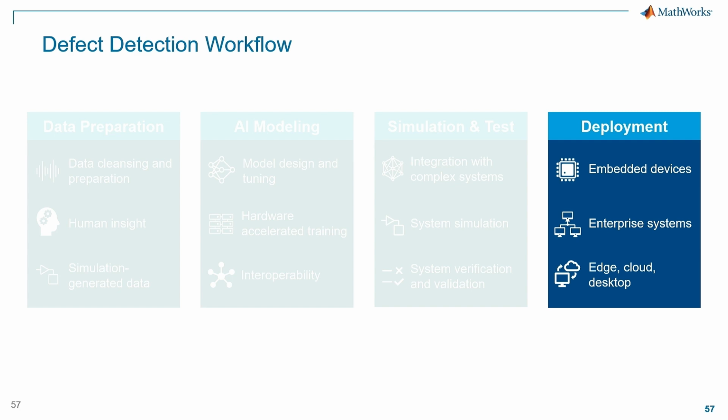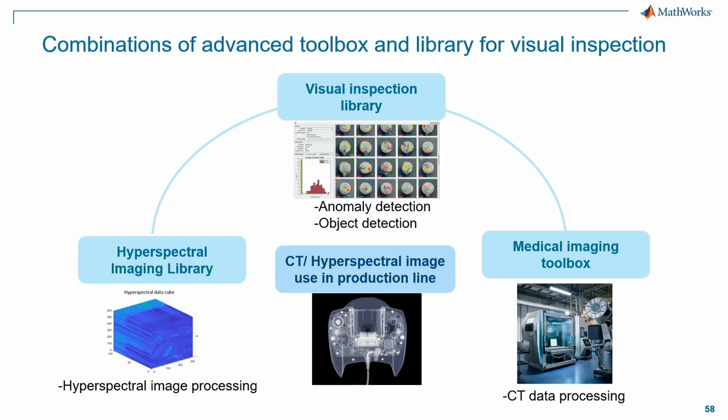So the last topic, after you have a model, is to think about deployment. The nice thing is after you have those anomaly detection and object detection models, we can easily combine them with other toolboxes in MATLAB, like the Image Processing Toolbox and the Medical Imaging Toolbox for CT data processing.